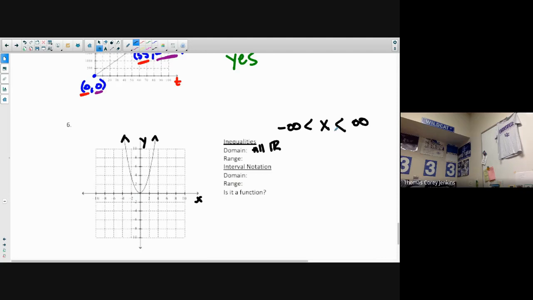All right, so then the range, there is a limitation on the range because there is a turning point in the graph, right? So kind of on this side, as x is increasing, y is decreasing. So it's a decreasing function here, but then it becomes an increasing function. So that means that I do have a low point, which it looks like is the vertex, or is the origin. All right, so that would be the point (0, 0).